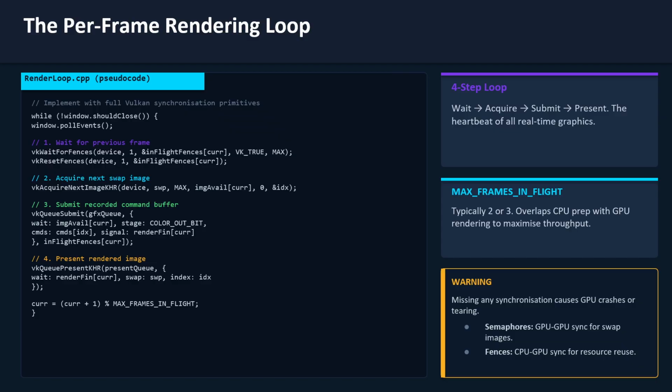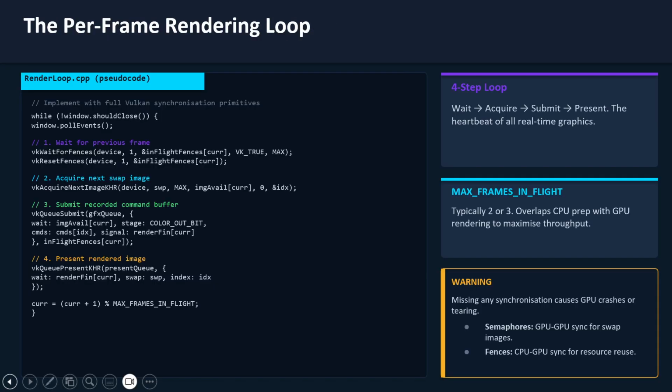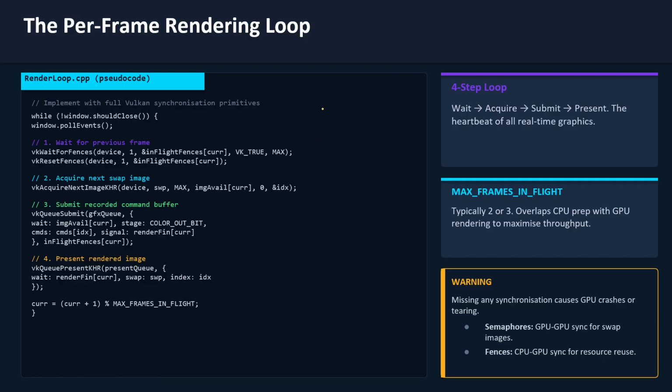Now if you want to understand this pseudocode, it's very simple. So maybe let's look at this one. The very first thing is that you will find a while loop.